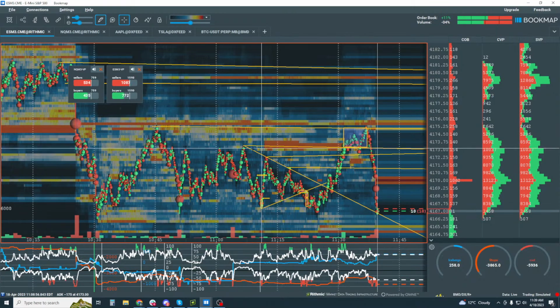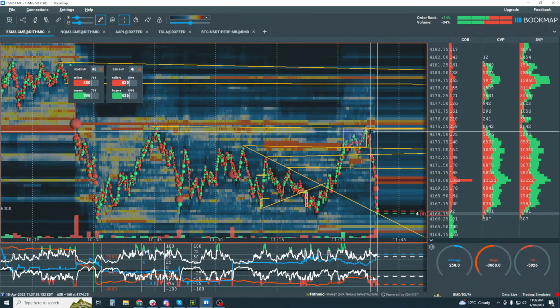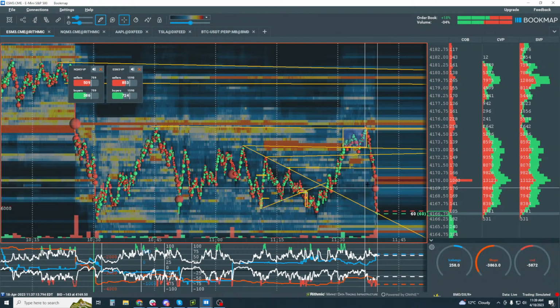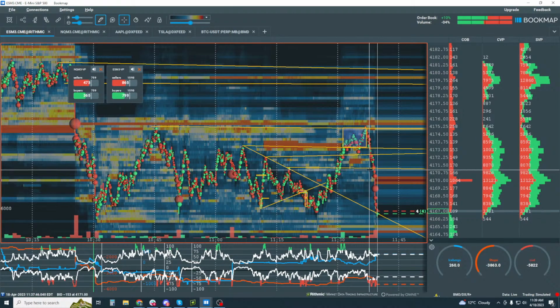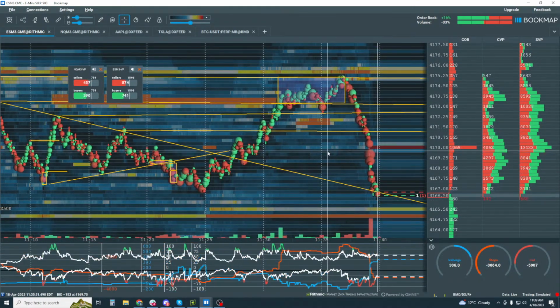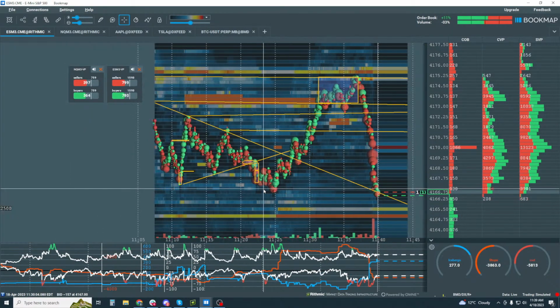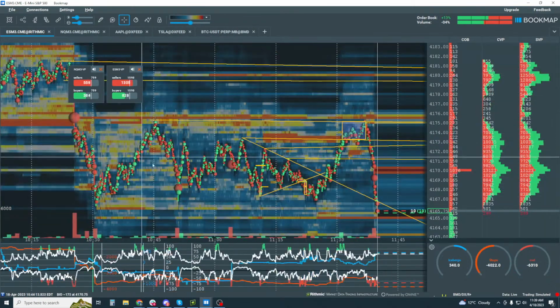This is why, on reversals, I like to take my profits along the way. Otherwise you just gave everything back and maybe you're holding a loser. And don't do it. So anyway, now we're down to lows of the day, and now we've got everyone trapped as a buyer here.